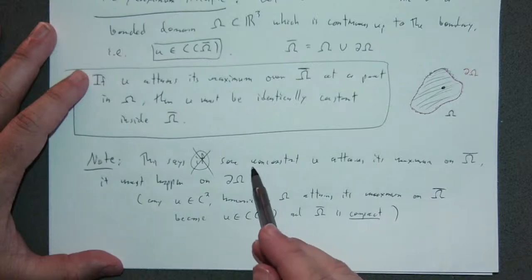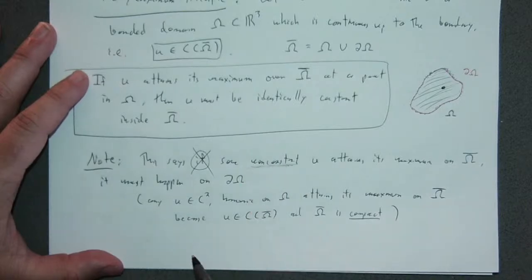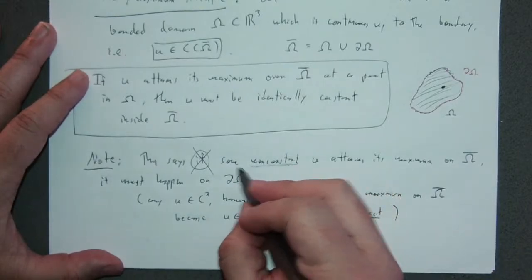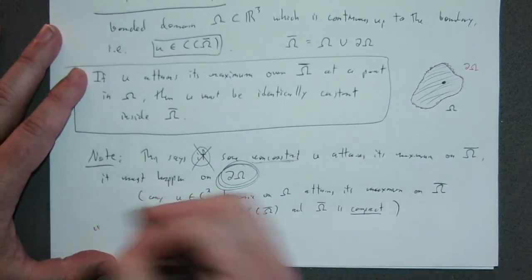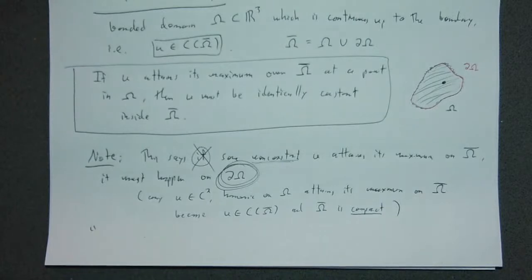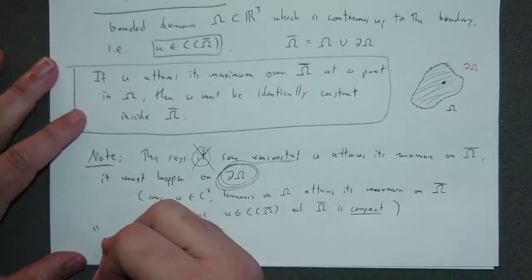So if it's non-constant, then where that maximum is attained has to be on the boundary. So another way of saying this is harmonic functions do not tolerate local extrema.